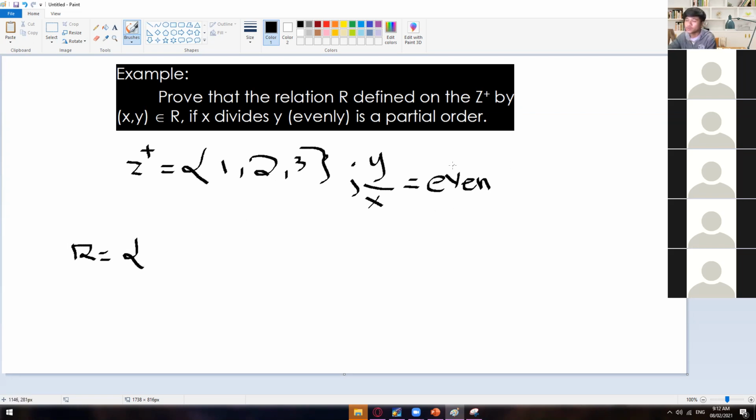So (1, 2), is it a relation with regard to this condition? Can we start from (1, 1)? Yes, sorry. So we can start with (1, 1). As you can see, this one is already even. How about (1, 2)?